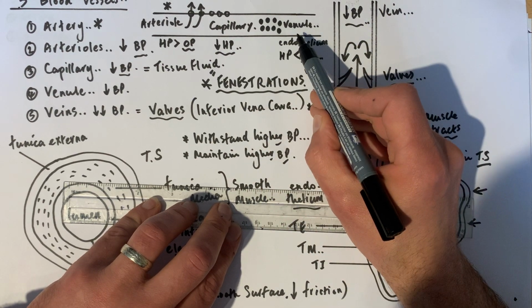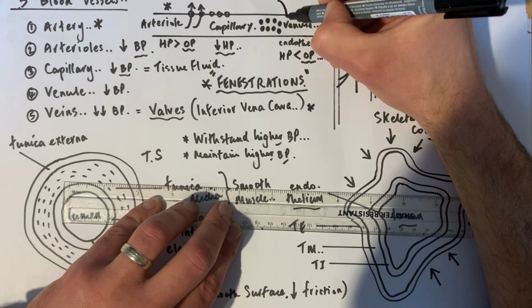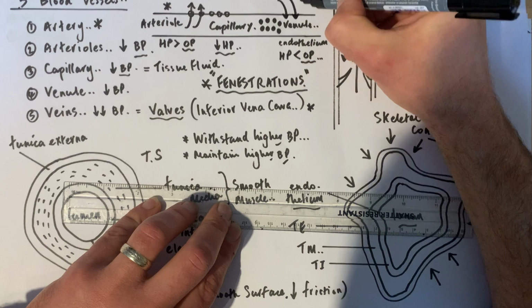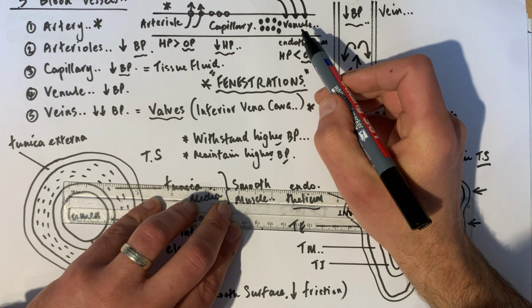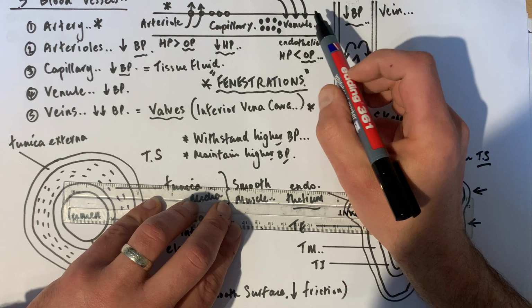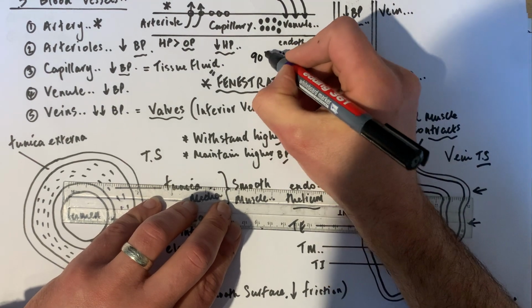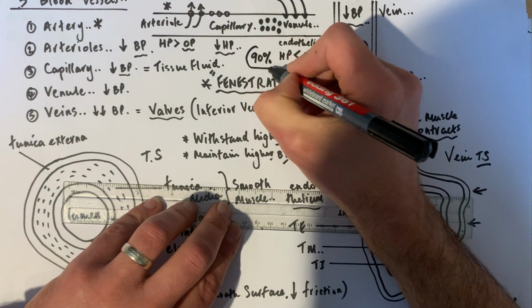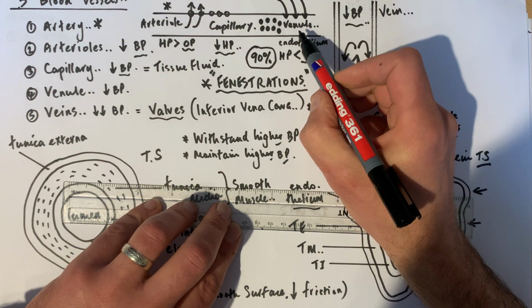So at the venule end, what happens is water from the tissue fluid gets drawn into the venule end of the blood capillary by osmosis down a water potential gradient. So about 90% of tissue fluid gets drawn back into the venule end of the blood capillary by osmosis down a water potential gradient.